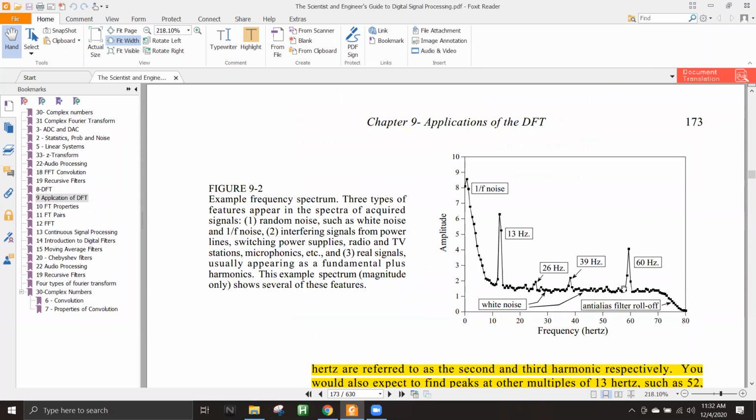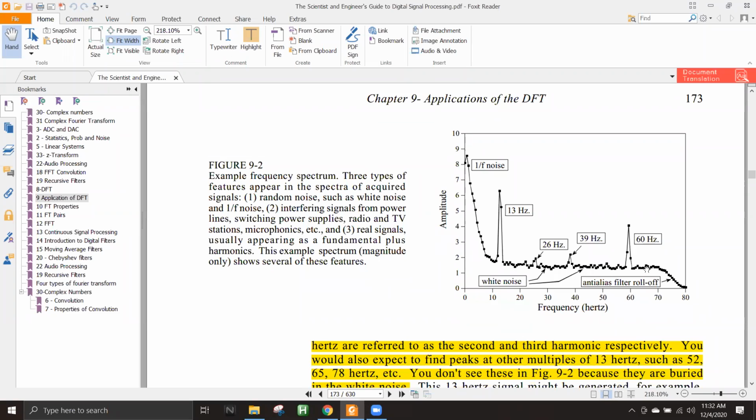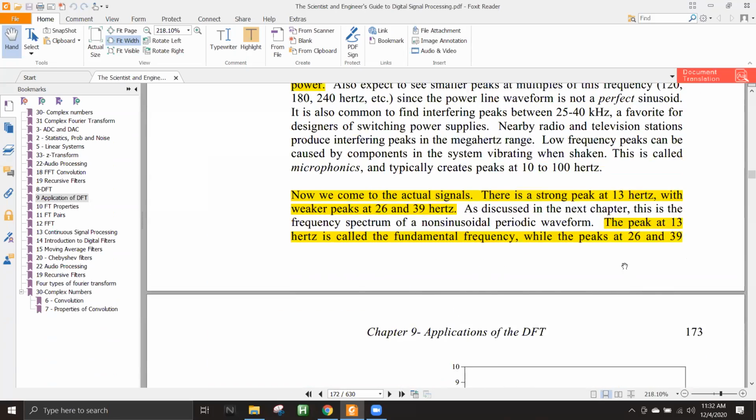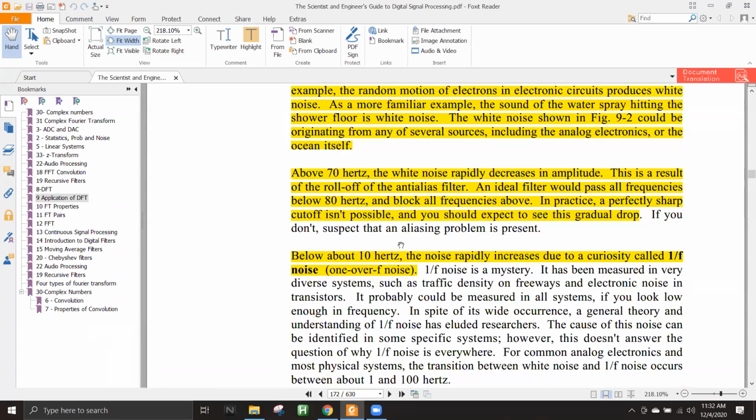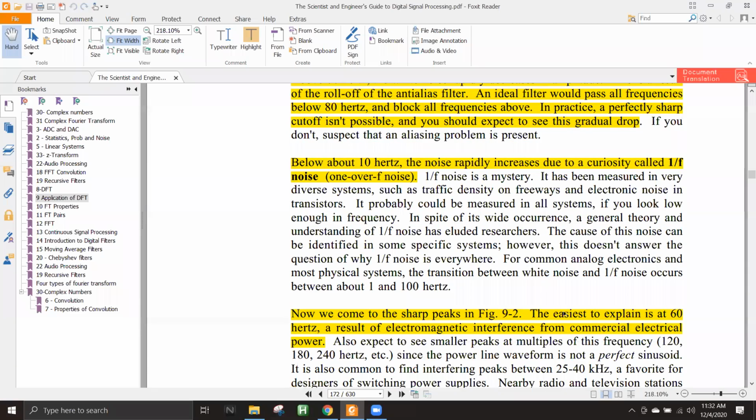In any signal there may be multiple peaks, but there will almost always be a peak at 60 hertz. It may happen that the signal itself has a peak at 60 hertz, or this peak is actually coming from electromagnetic interference, which is almost always in this 60 hertz range.